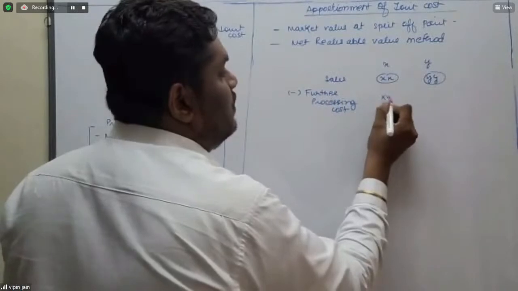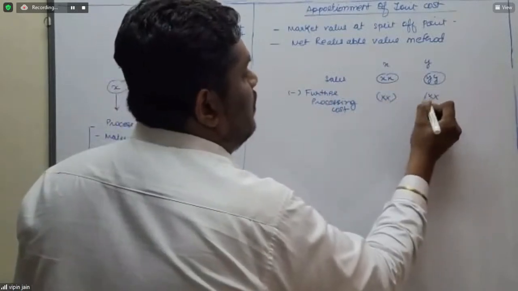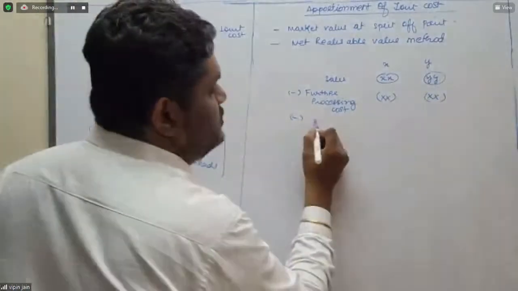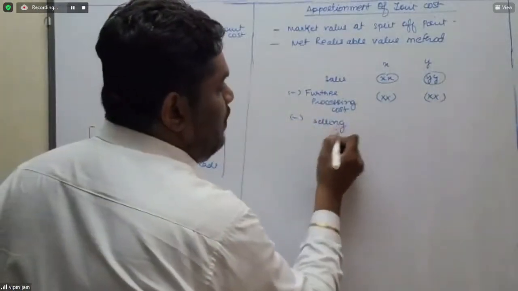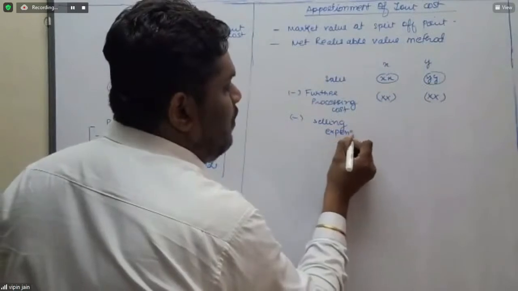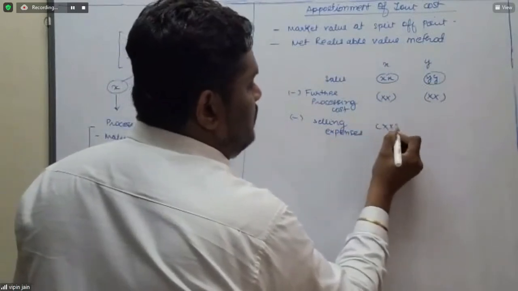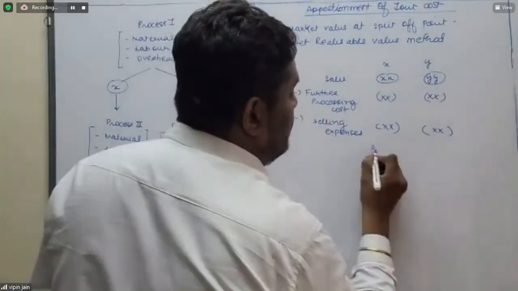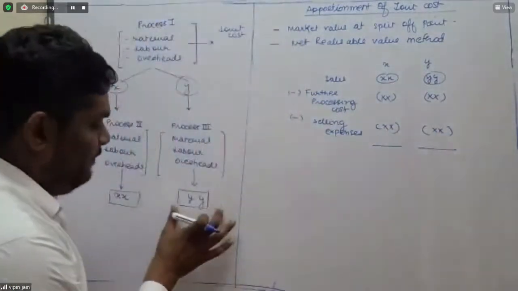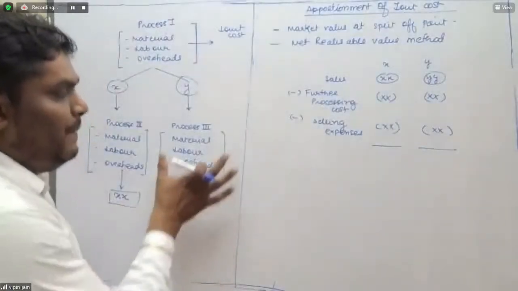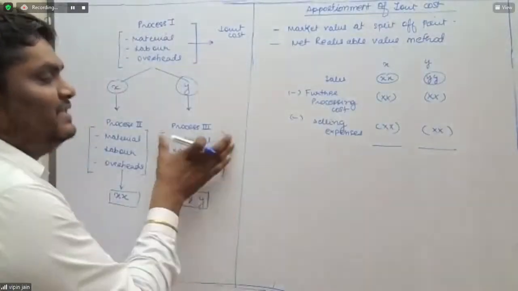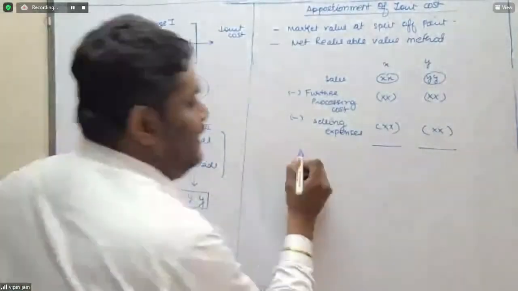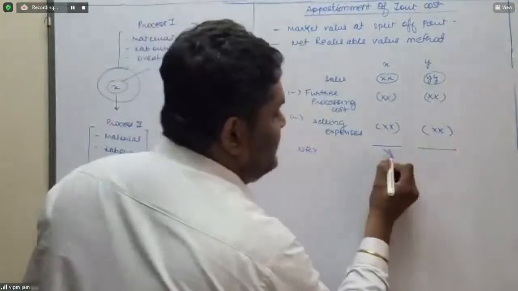So minus the cost that is incurred in process second and third, that is called further processing cost, we will reduce. If any further selling expenses are incurred, we will also reduce. So the selling price of double X and double Y minus the selling expenses minus the further processing cost will get the net realizable value of X and Y. This is what we call net realizable value.